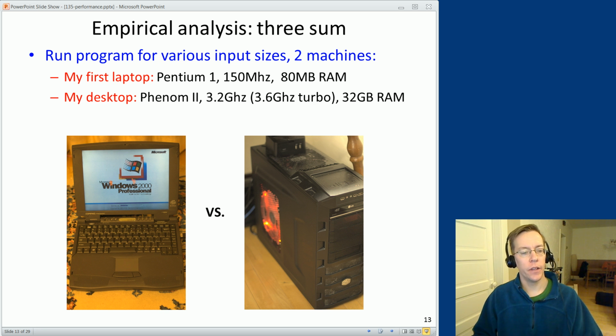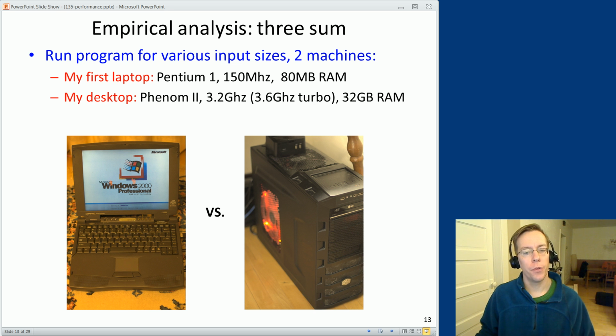I did this on my very first laptop, which is from, I don't know, 1996, 1997 or so. It's a Pentium 1, 150 megahertz of pure power, 80 megabytes of RAM. It still works, runs Windows 2000 Professional.